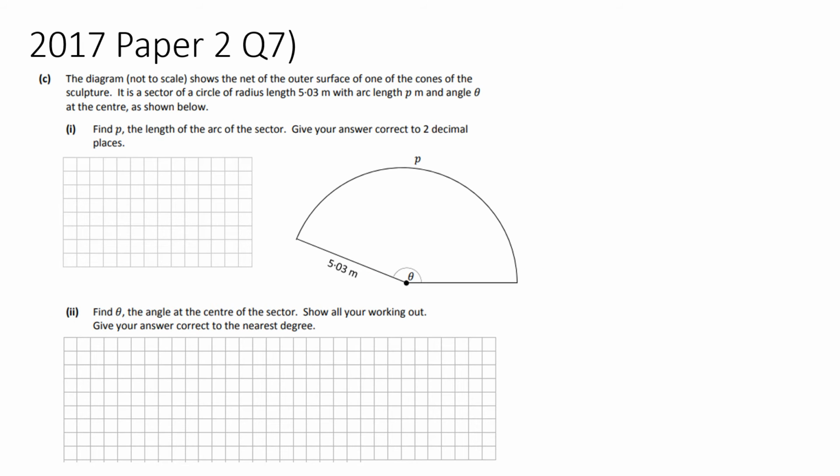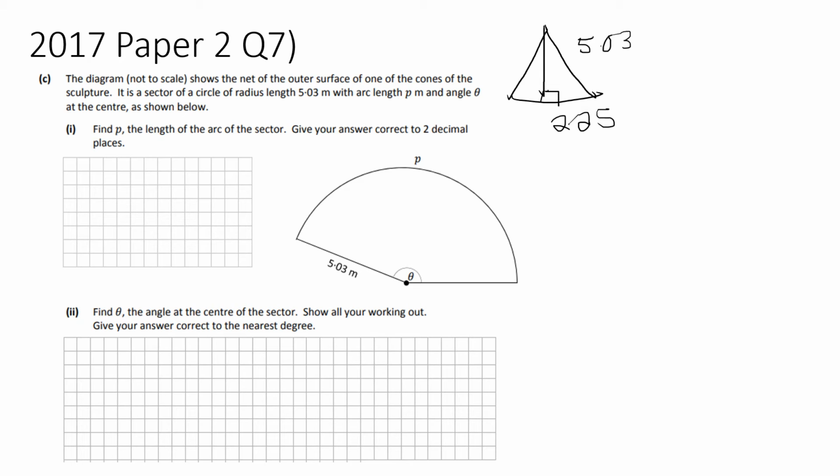Okay, so what you need to realize here is that this cone has a radius of 2.25, a height of 4.5 and a slant height of 5.03. So that's the first thing you need to realize. Here they're asking you to find the length of the arc of the sector, giving your answer correct to 2 decimal places.